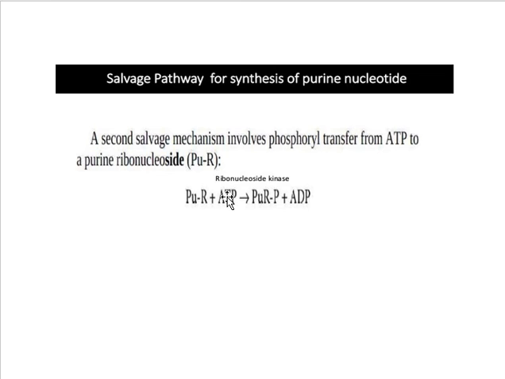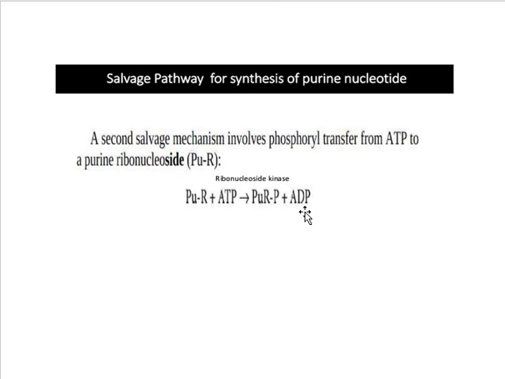This ATP provides the phosphoryl group to this purine nucleoside. You can see this purine ribonucleoside with P, that shows the phosphate group. So this purine nucleoside is converted to purine ribonucleotide, and ATP is converted to ADP.